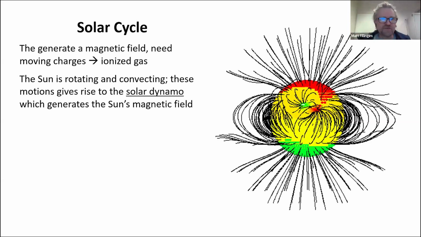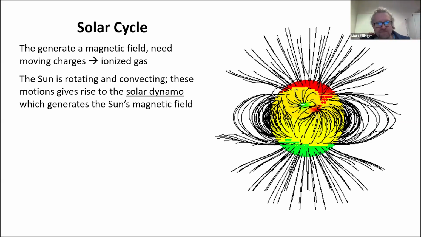So all those charges are moving around, and the sun is rotating, and the sun's convecting. We have that convection zone. So things are moving around all the time. And so those combined motions give rise to what we call the solar dynamo that generates the sun's magnetic field. And so dynamo theory is just how you get moving charges to generate a magnetic field.